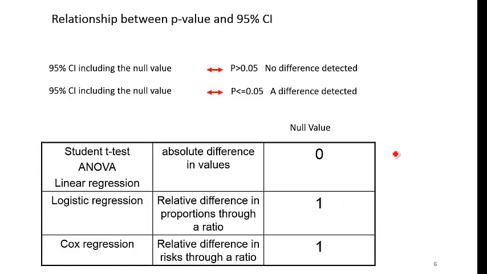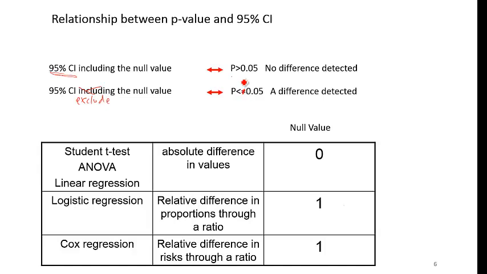And then after you know the null value, you check if the confidence interval includes the null value. If it includes it, then the corresponding p-value would be greater than 0.05. And if the confidence interval excludes it, this is a typo, sorry, then the p-value would be less than 0.05.